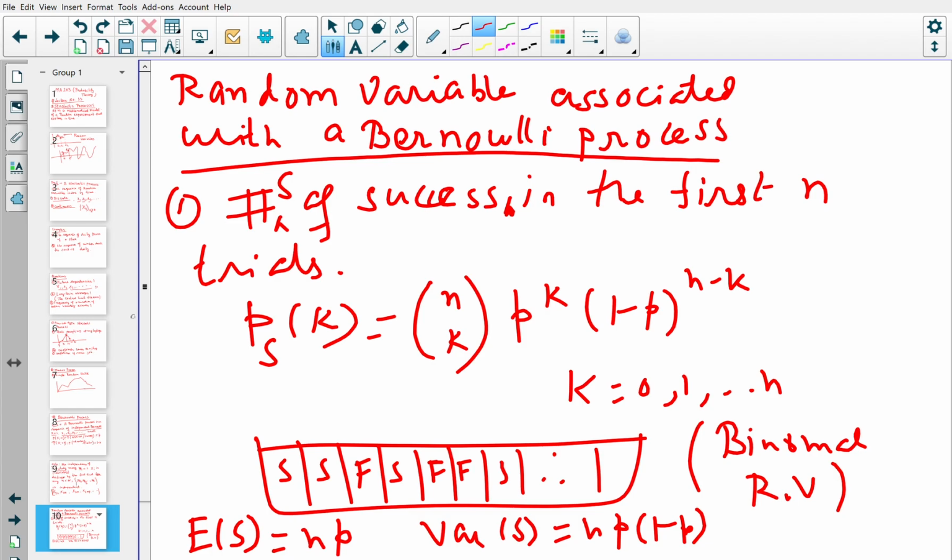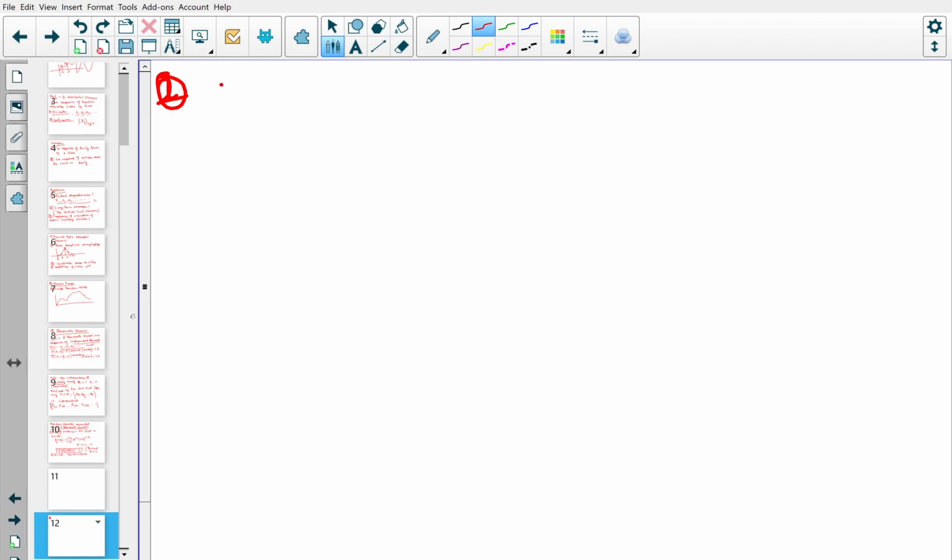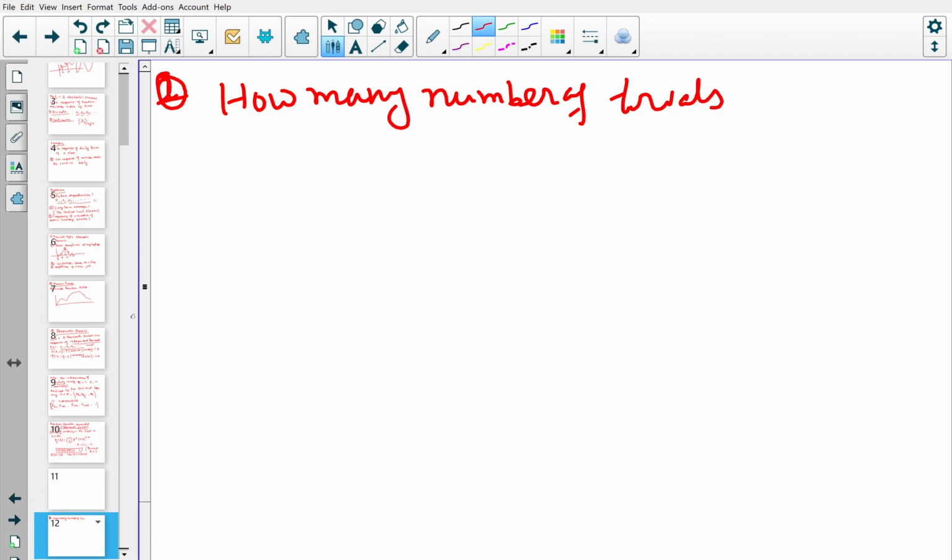There is another random variable. So now we can ask a different question. You can ask how many trials are required for the first success.